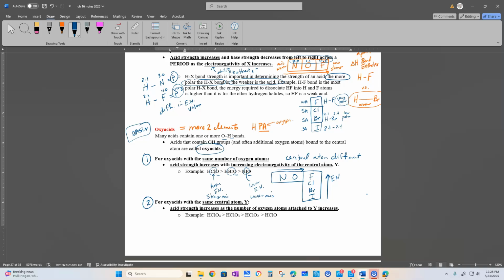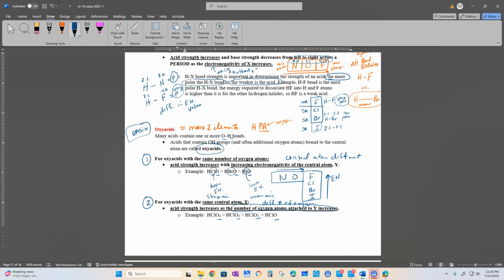What if you have the same central atom, but now a different number of oxygens? You're going to like this. Acid strength increases as the number of oxygens increases. You have four polyatomics with oxygen and chlorine, the number of oxygens is different, but they're all chlorine.